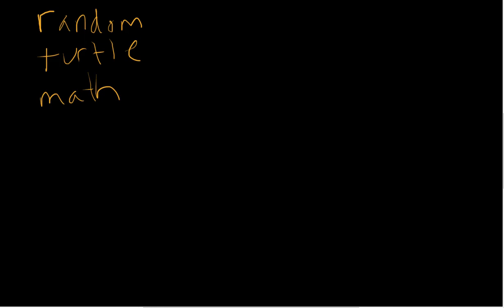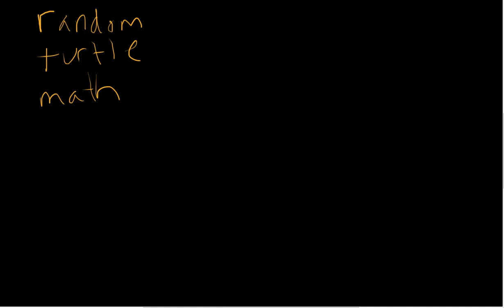So for instance, we've really looked at 3 different modules. We've looked at random, we've looked at turtle, and we've looked at math. All of the functions inside of these libraries we would call methods, and often a method has to be used with an object.